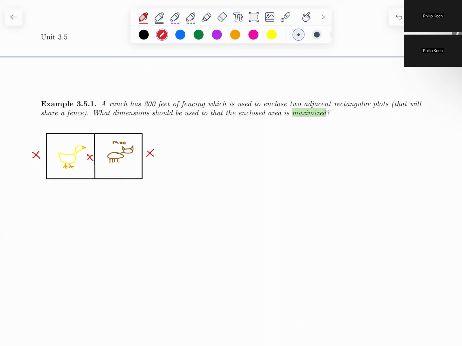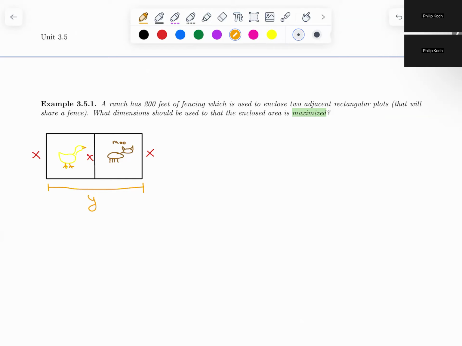Now there's 2 options here. We could either call this Y and this Y as well, or we could call the whole thing Y. Since it is a full line across the same thing, it's not like jagged. We're assuming that the rectangular plots are of equal size. So we could either make one rectangular piece have a Y, or both of them called Y. Which would you guys prefer?